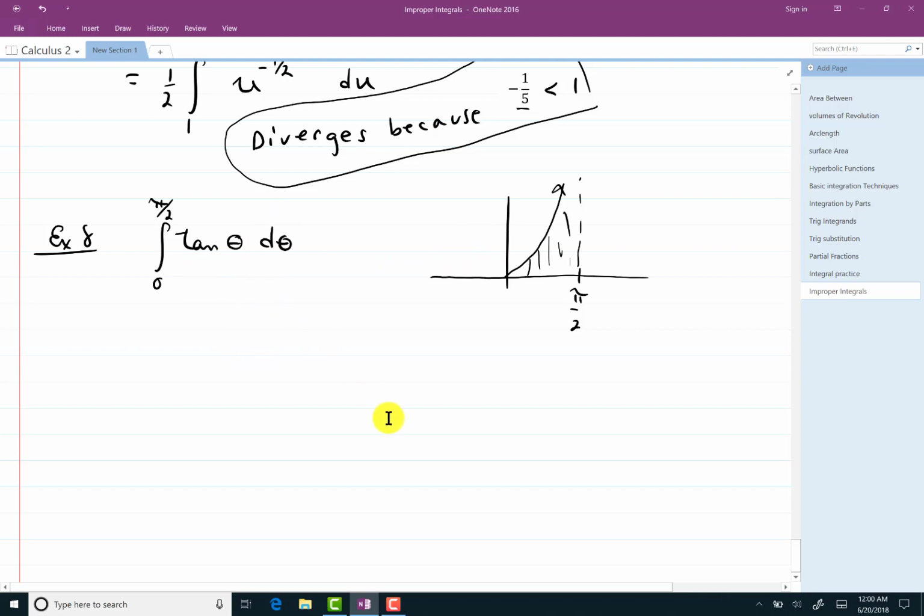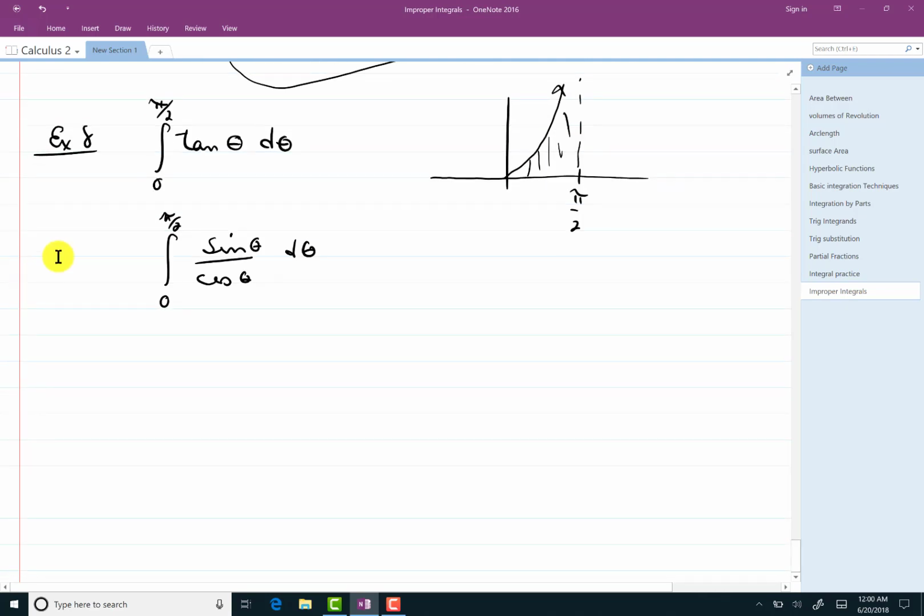Now, if you look at from 0 to pi over 2, in case you haven't seen this before, the way you integrate tangent is you break it up into this, and then you allow u to equal cosine of theta, and then du to equal negative sine of theta d theta, so that I can rewrite this integral with the negative in front.